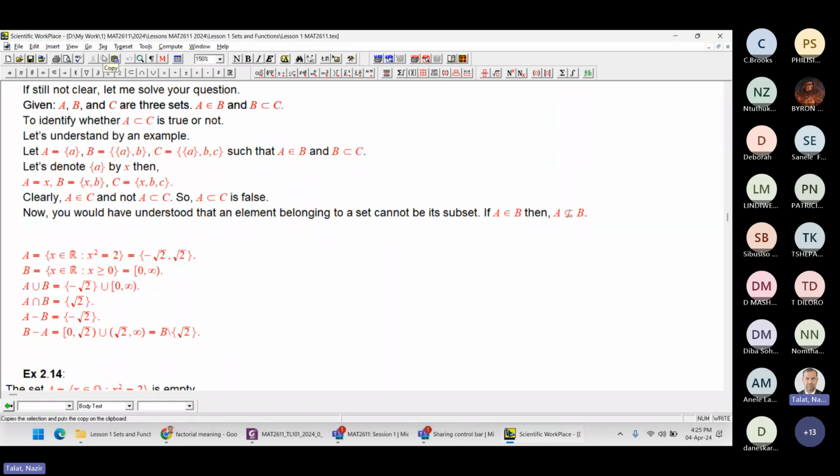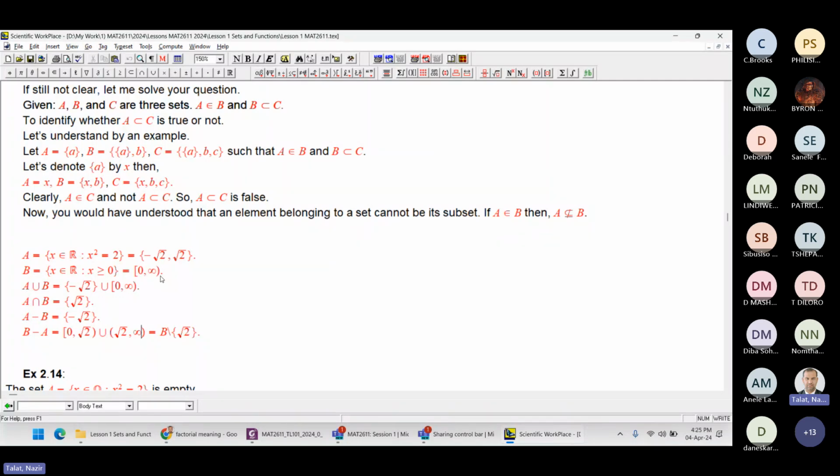A minus B is only minus square root 2, and B minus A contains all those elements which are in B but not in A. So we can remove the other elements from the set B, because B is the interval from 0 to infinity.